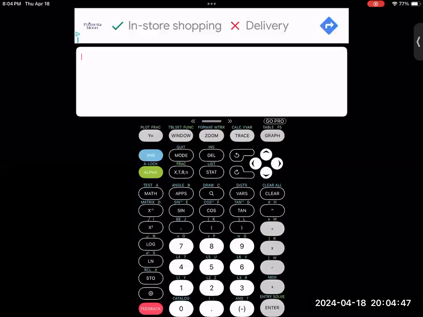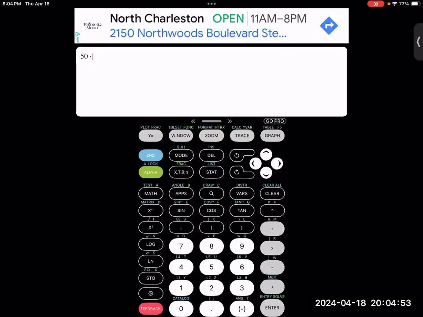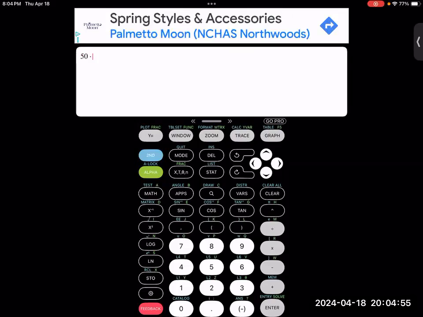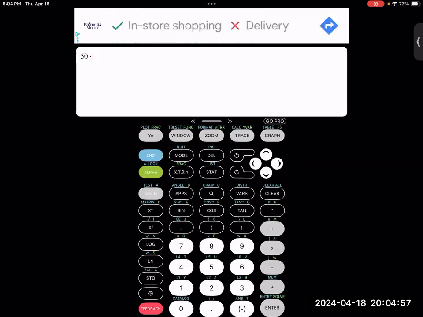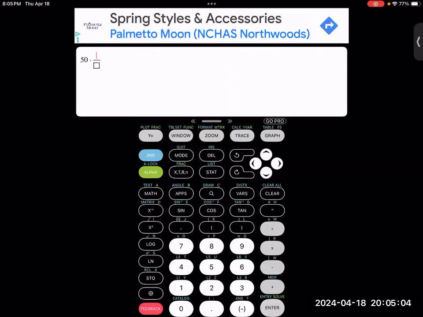So I have 50 times, and this is where, if you would prefer to do that, the fraction button, where you go to math, and then the frac. So this would be really useful for you guys if you have it. Now I'll show you what it might look like if you don't have it.